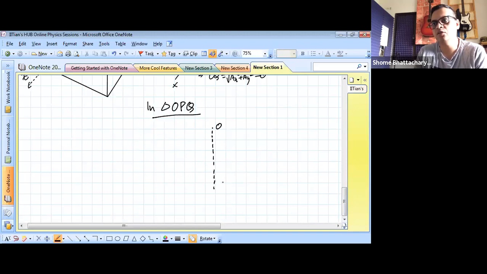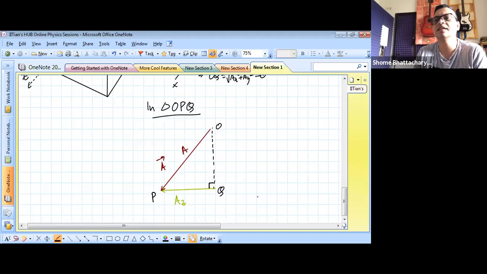This is your side OQ, and this is your side QP, where this is AZ in length, and this is the side OP, which is basically the vector E. So its magnitude is E. Now the important thing is, in this triangle, this angle will be 90.